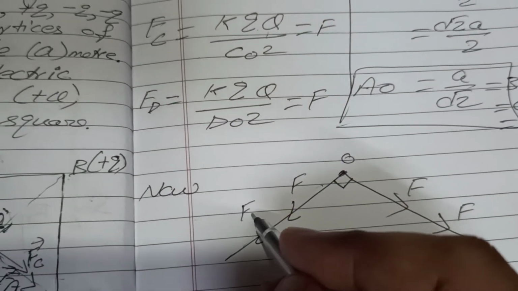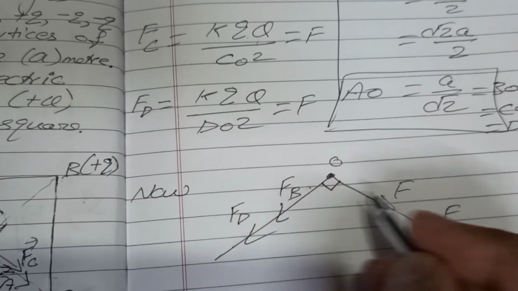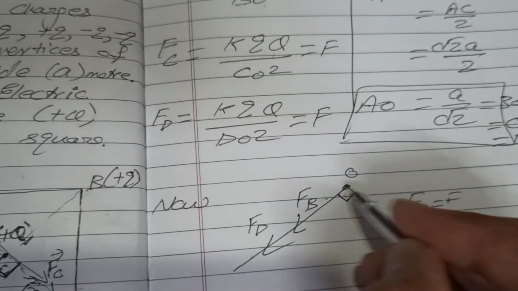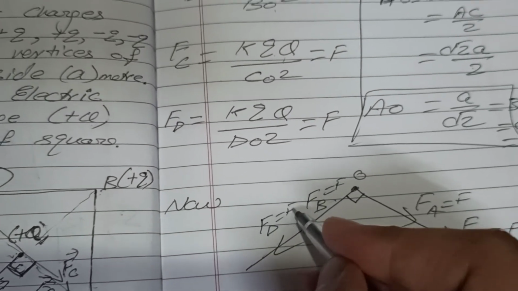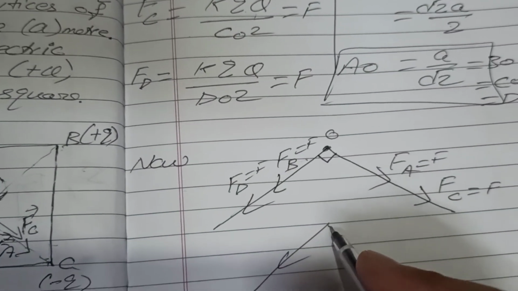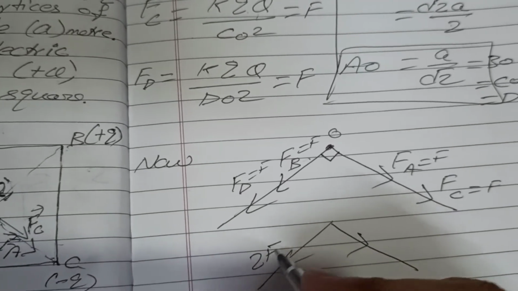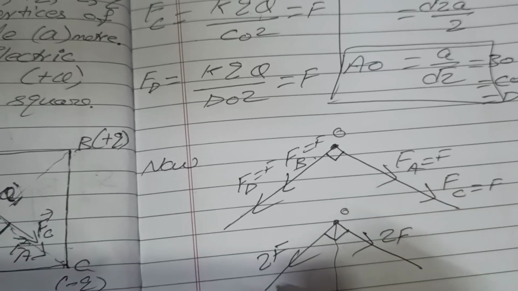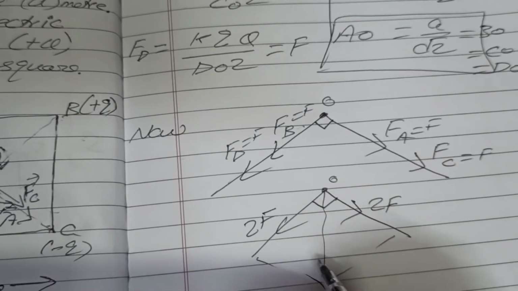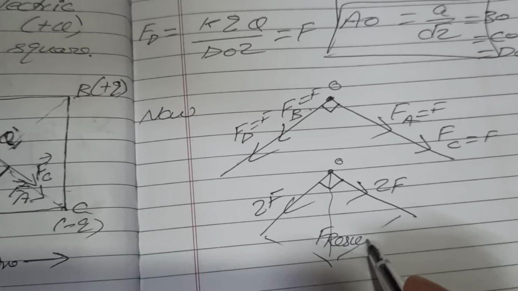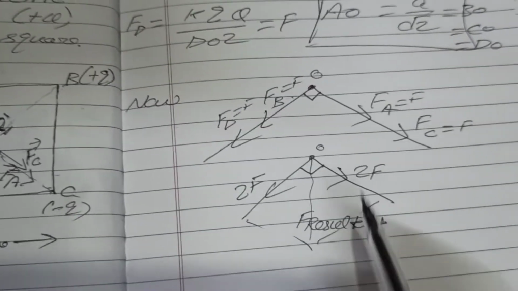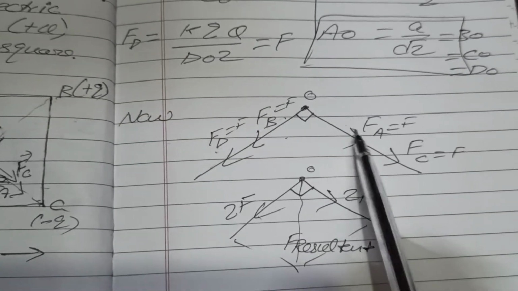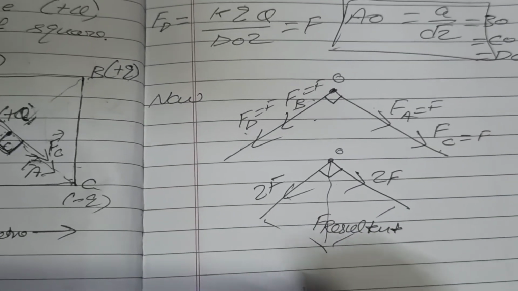By using the superposition principle, we can write 2F. Here it is 90 degrees, so by this we can solve for the resultant force. Both FB and FD are equal to F, so we use 2F. FA and FC are equal, so we use 2F.